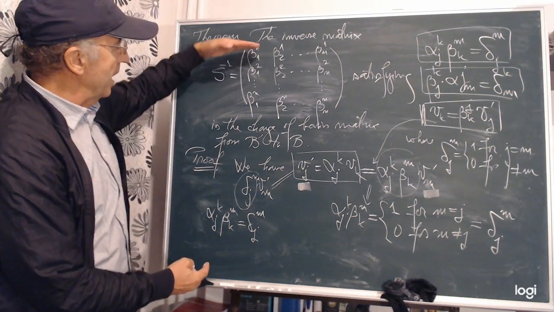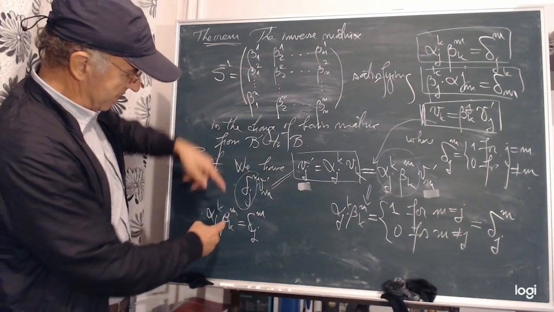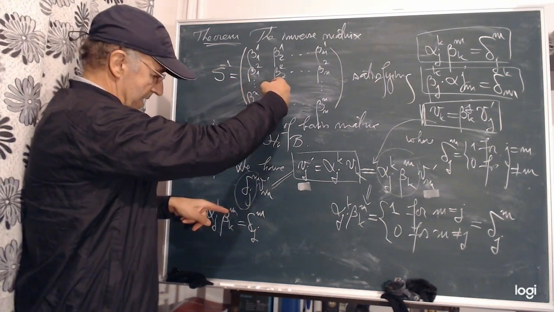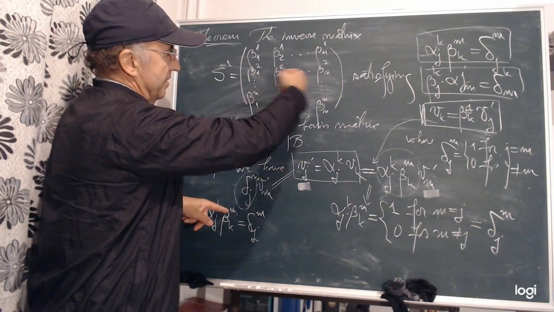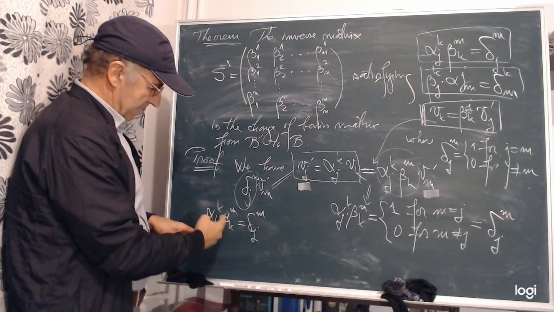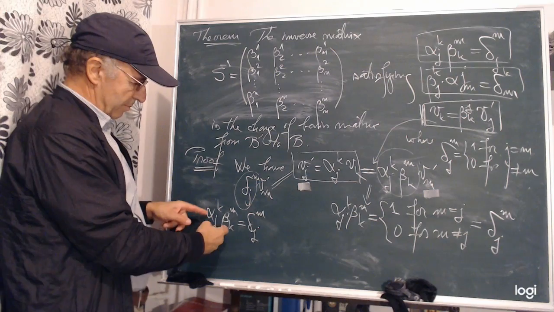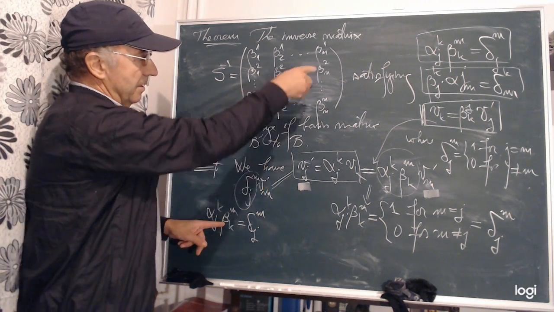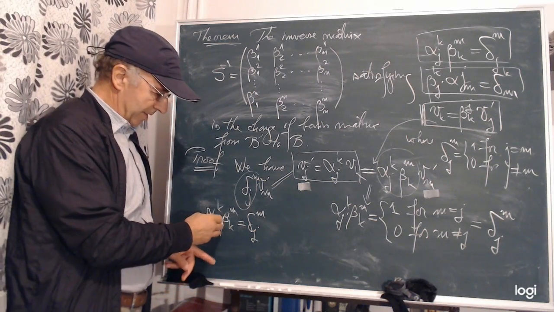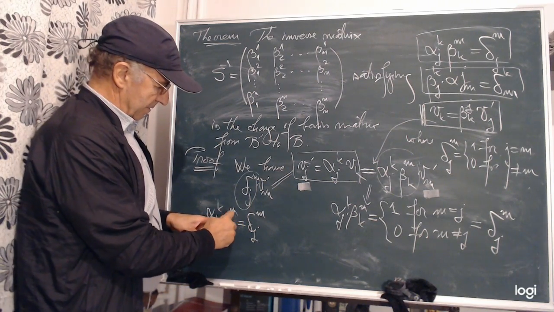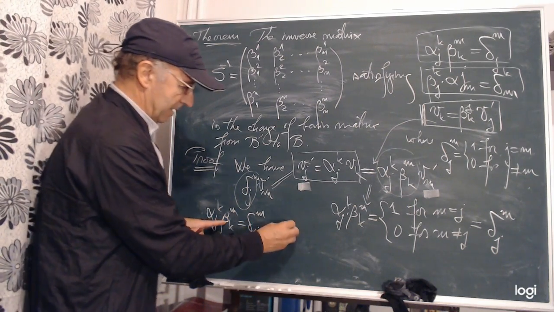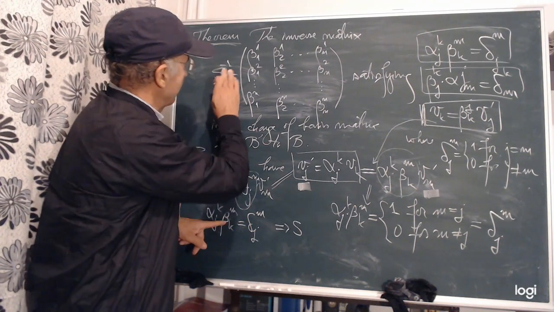For fixed m, this is on a line, on the line m of S minus this matrix, and here is on the column, so this is the multiplication of the matrices.